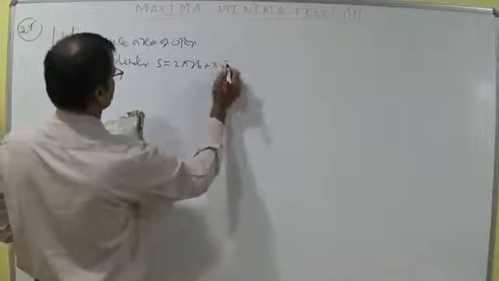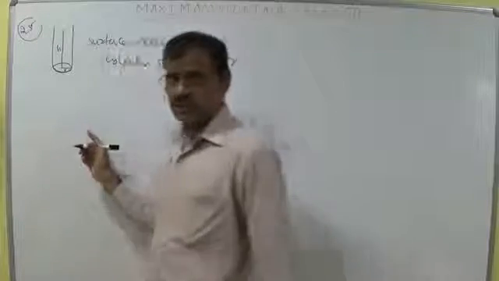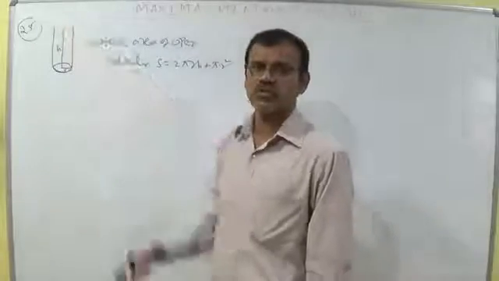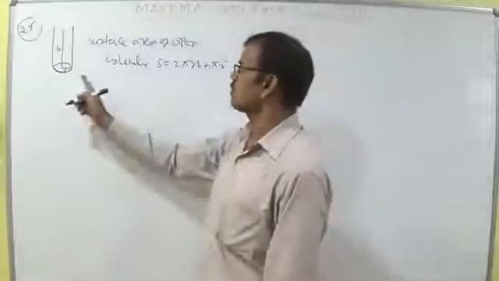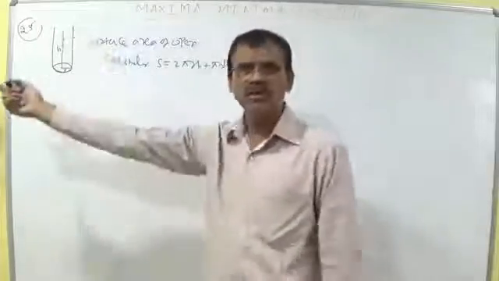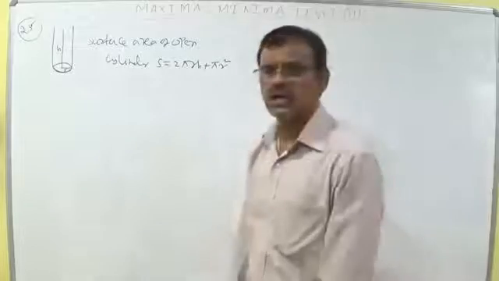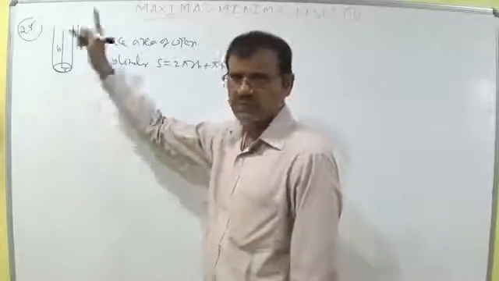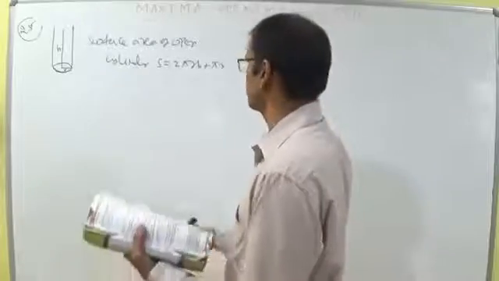The original curved surface area is 2 pi r h, and this is the base area pi r square. If it is closed, you would have S equal to 2 pi r h plus pi r square plus pi r square, which you will face in the 28th question. This is the 25th question, only one side is closed and one side open, so only one pi r square.